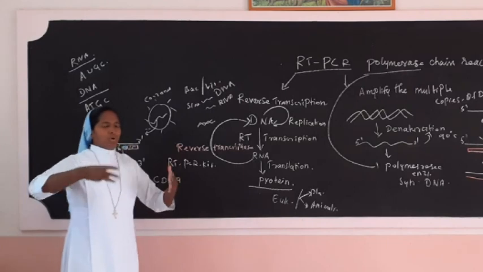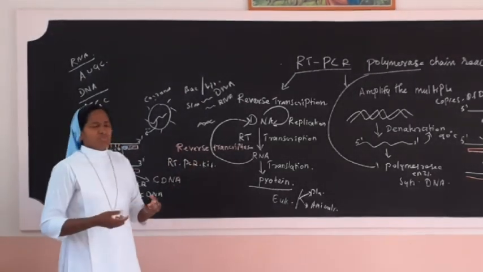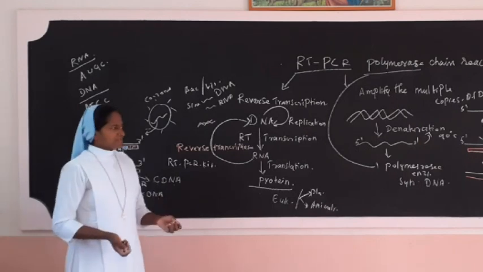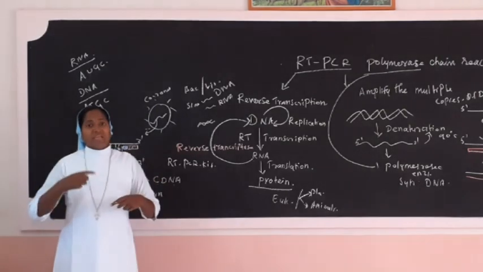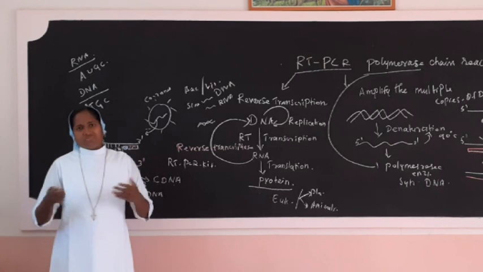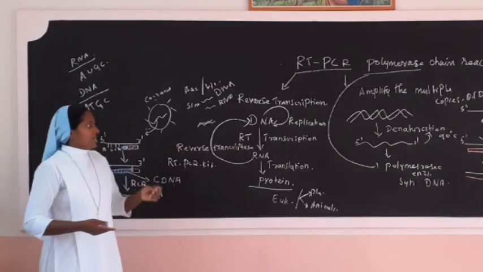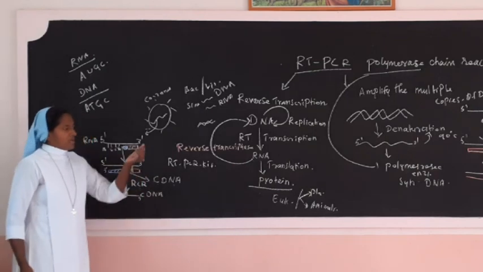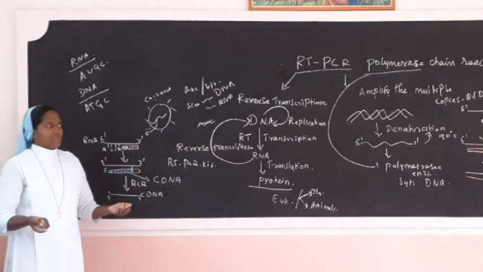It will just go on multiplying the number of copies. To say it in a simple way, it is like having 1 copy and making Xerox copies, as many as we want. Having a small amount of that DNA, we can make a number of copies.